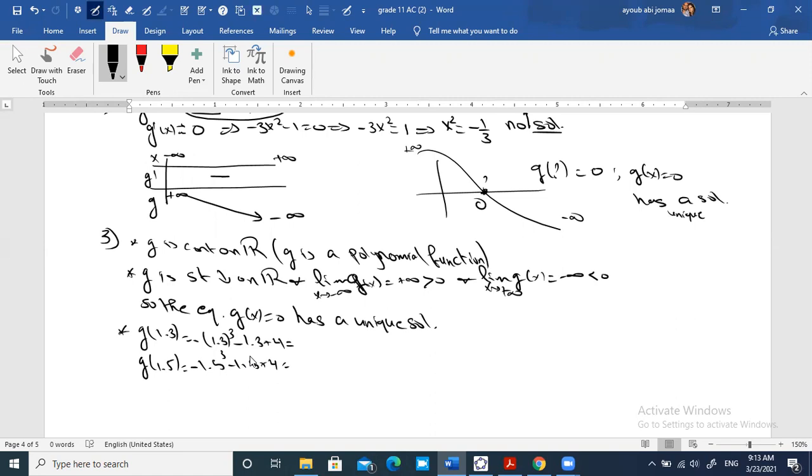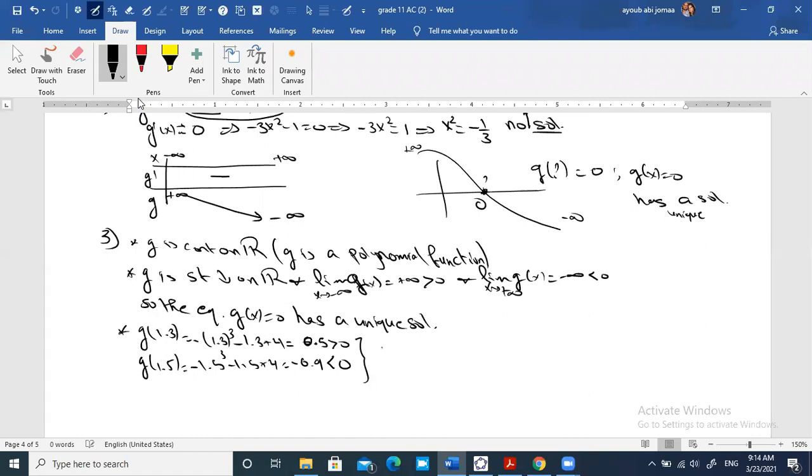The first one is 0.5, which is positive. And for 1.5, it's negative 0.8, which is negative.